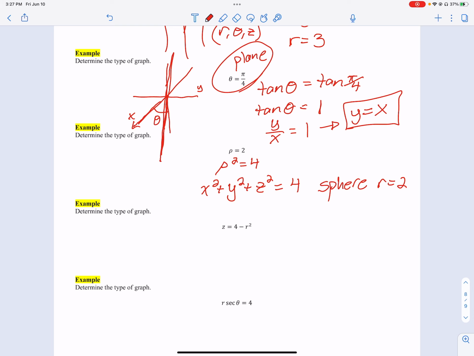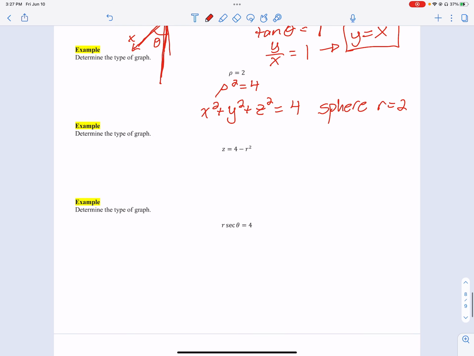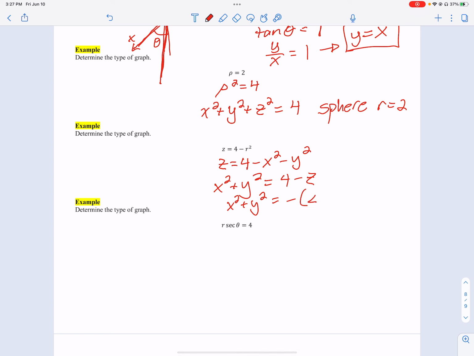This next one, we've got a few more. If I replace my r squared with x squared plus y squared, and maybe move those over and make them positive, x squared plus y squared, and then minus that z, we could even rewrite z as x squared plus y squared equals, and I'm going to write this, and it's going to seem silly, but it's okay.